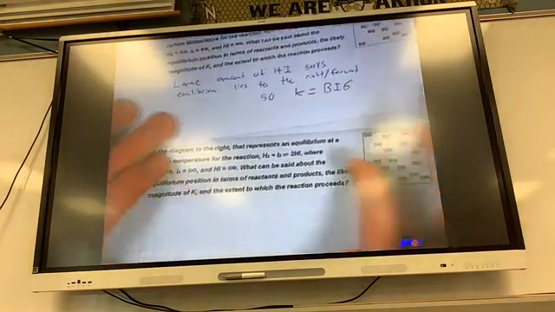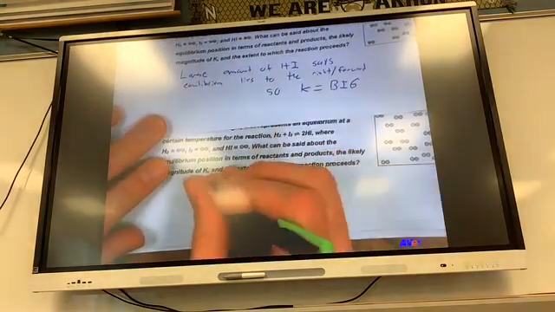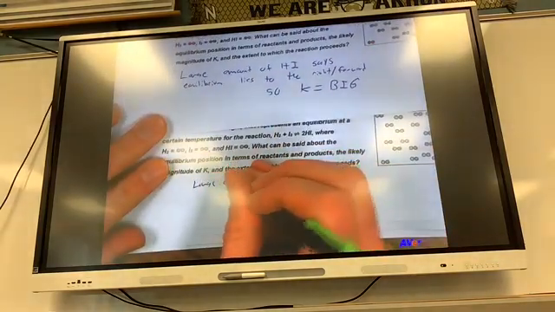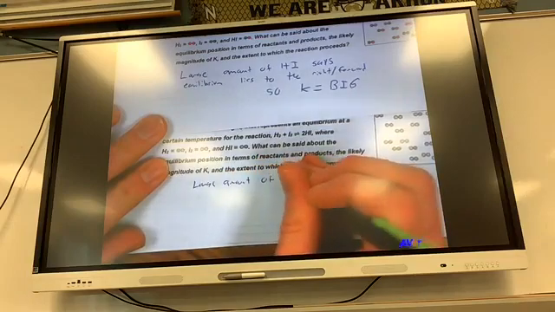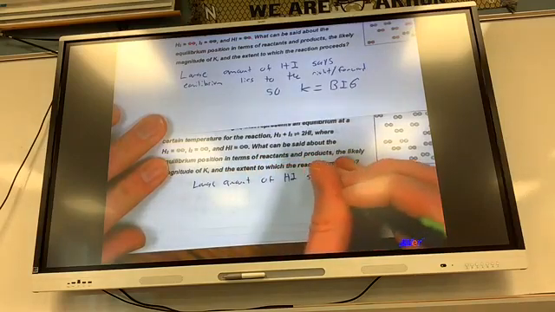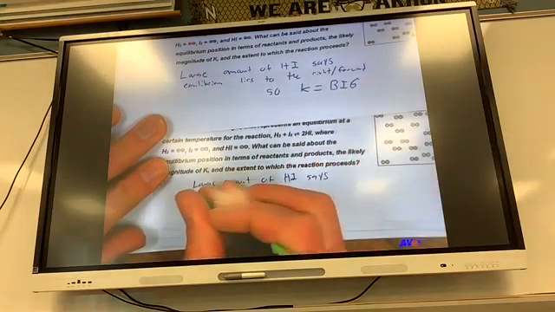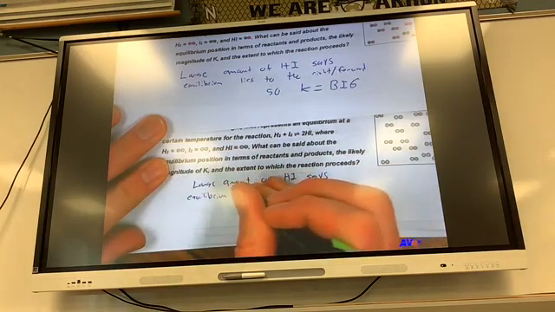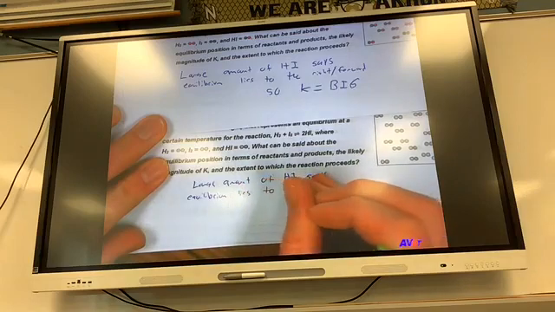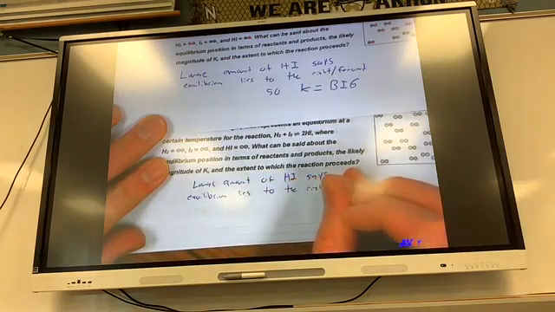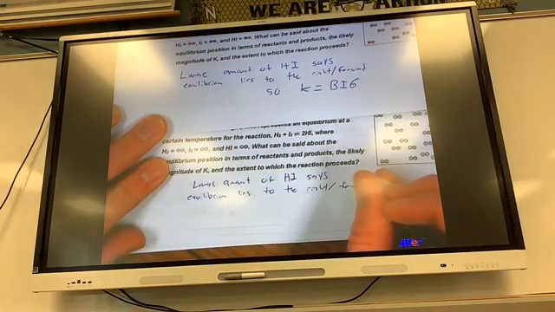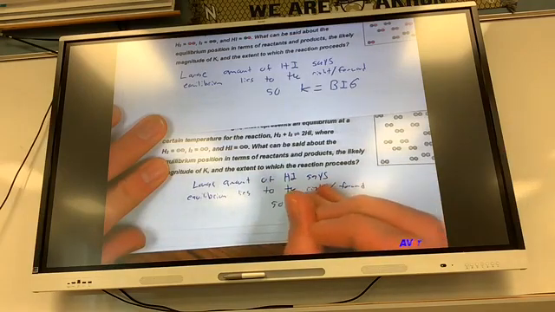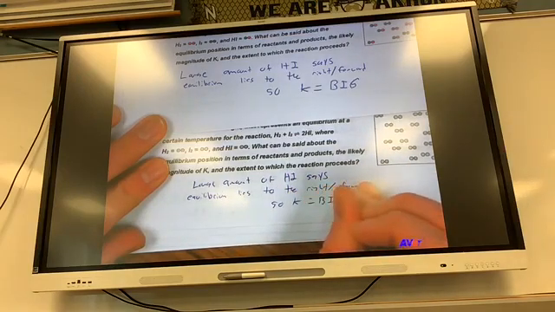Oh, shoot, I wrote it on the color one. Large amount of HI. To the right slash forward, so K equals big. There we go.